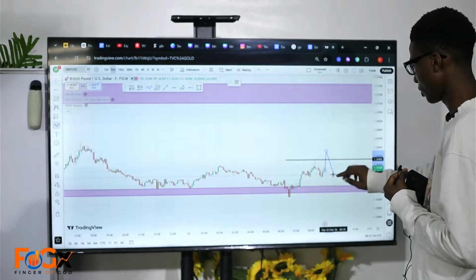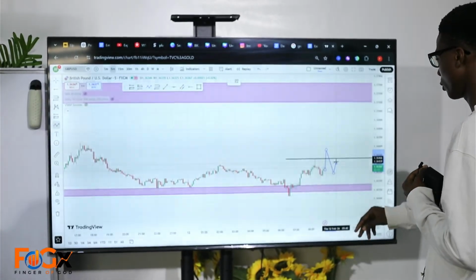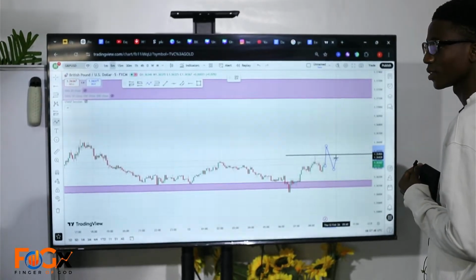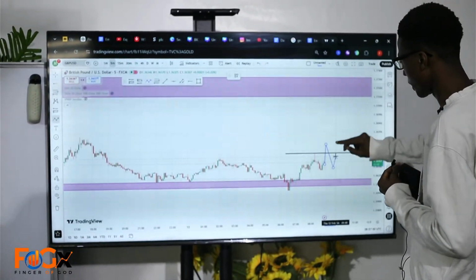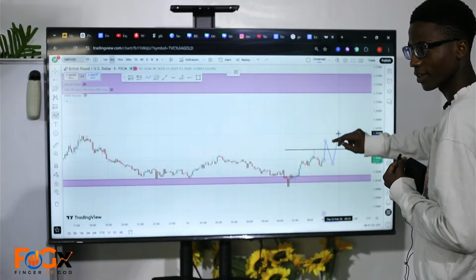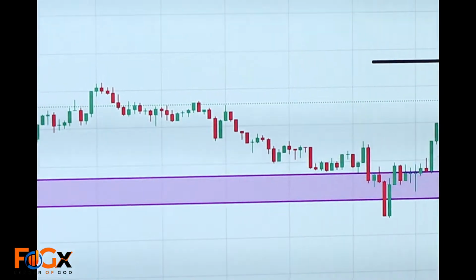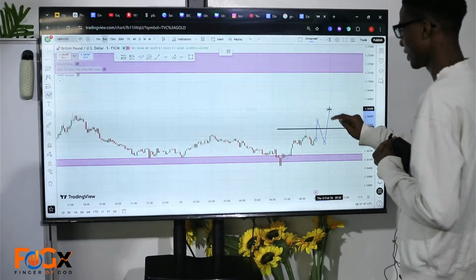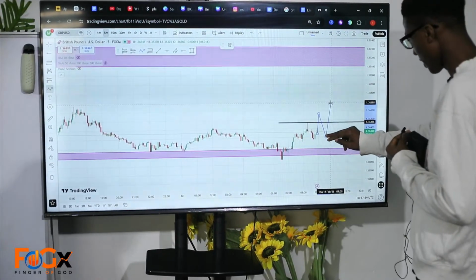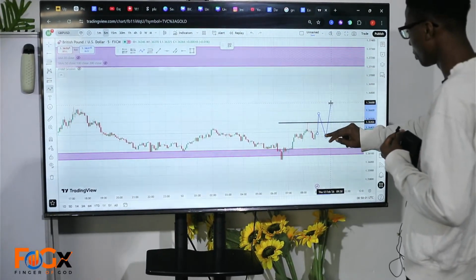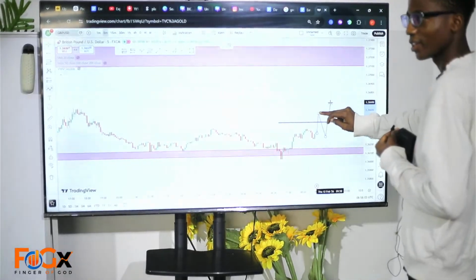If we place the buy, where are we going to? It should be higher than this. If you place the buy from here, it should break out of this previous high.